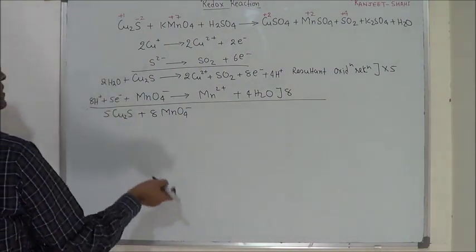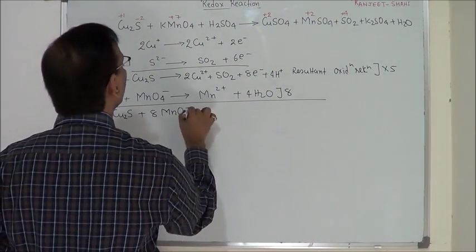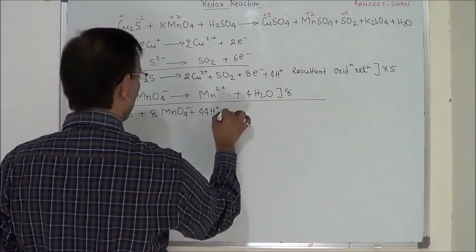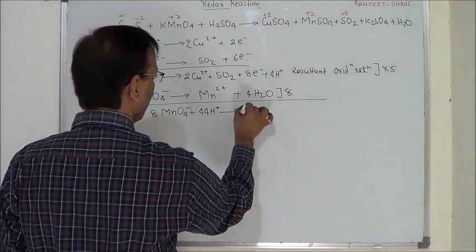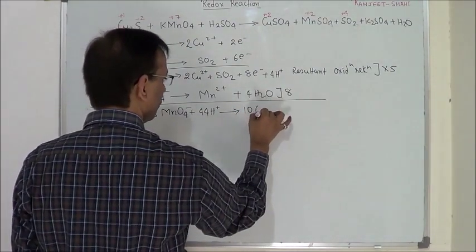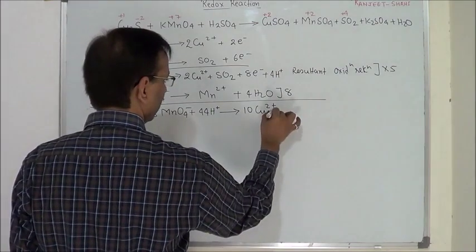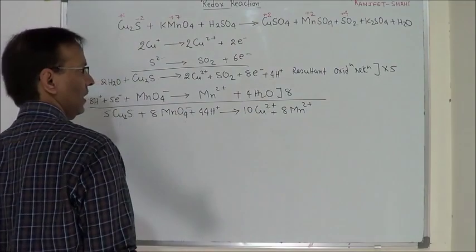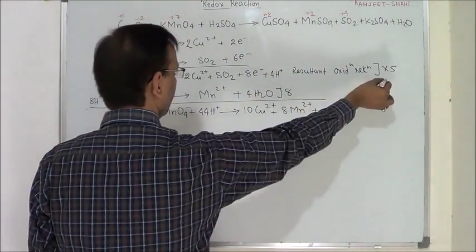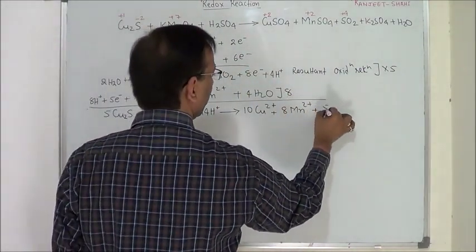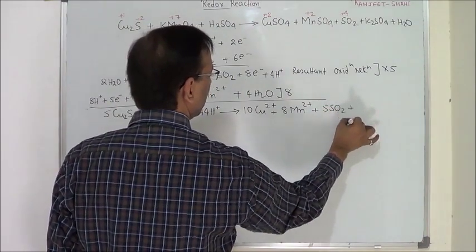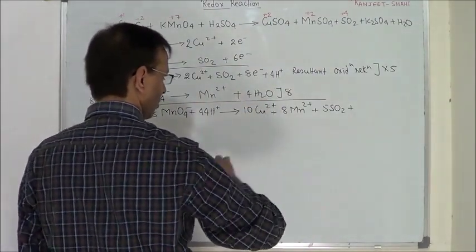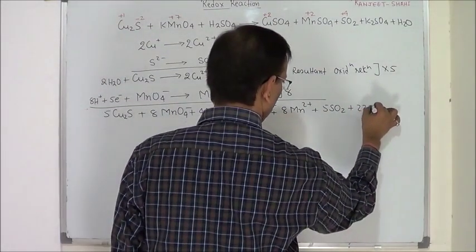So 64 minus 20, 44 H plus gives 5 into 2, 10 Cu2+, 8 Mn2+, plus 5 into 1, 5 SO2, plus 5 into 2, 10 water, 8 into 4, 32 water, so 22 water.